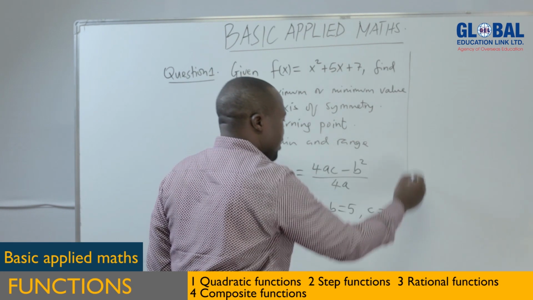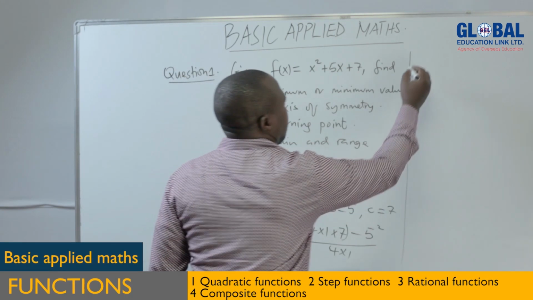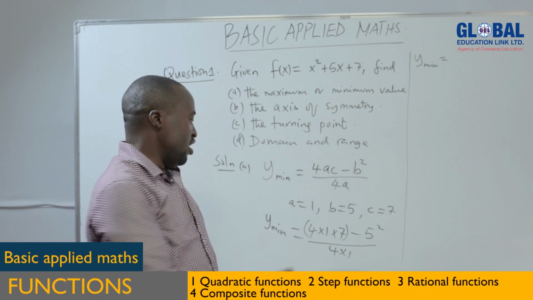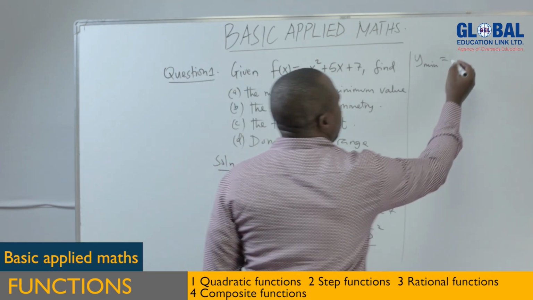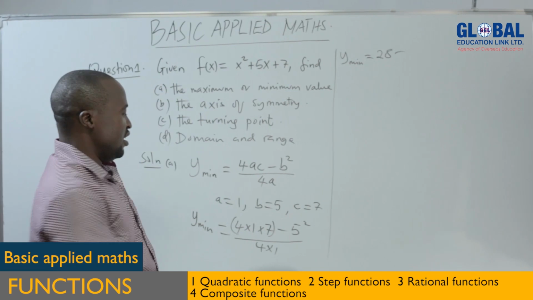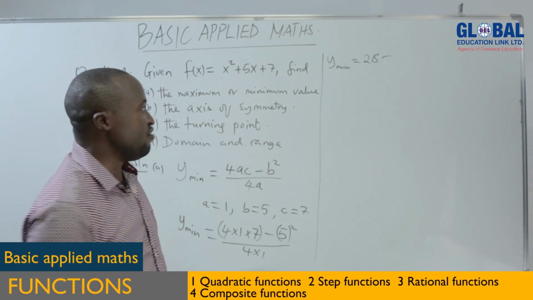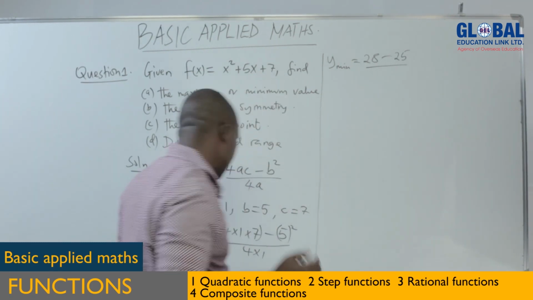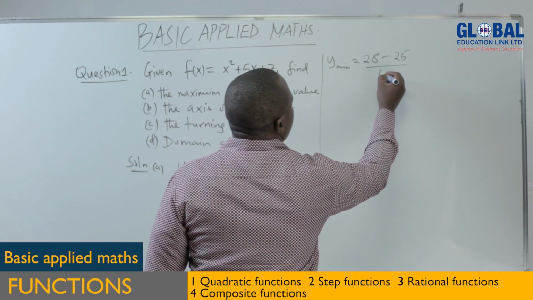Now, my dear students, we are going to have the following result. Therefore, y min will be equal to 4 times 1 times 7, that will be 28, then minus 5 squared, that is 5 times 5, which is equal to 25, over 4 times 1, which is equal to 4.